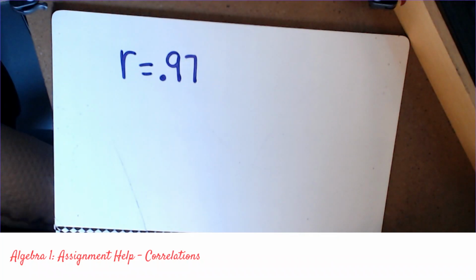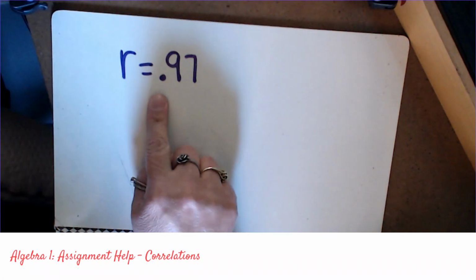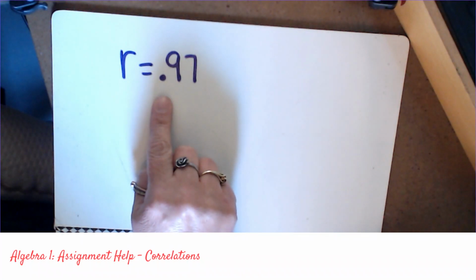In slide 7, Brett's teacher observed his behavior for a week and compared the minutes that he stayed on task in class to the grade that he earned on the homework that night. She found the correlation coefficient to be 0.97. So the question asks, is this going to be a positive or negative correlation?